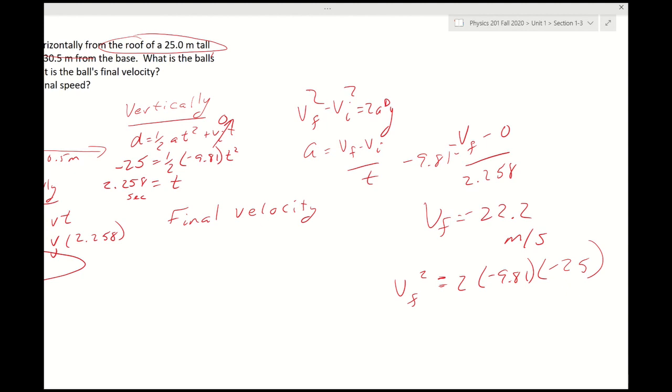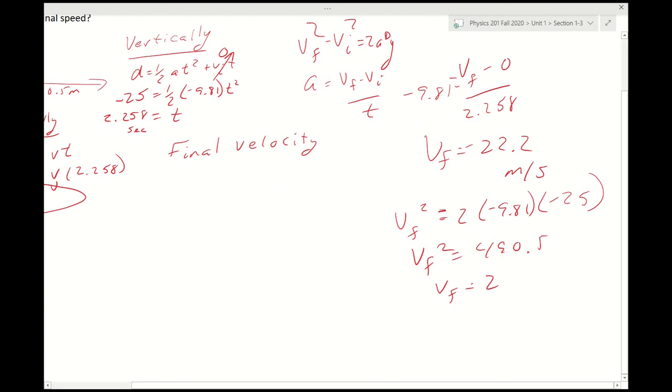So Vf is equal to 22.147, as opposed to 22.2, so 22.1 meters per second. Now, again, that's just a rounding variation.